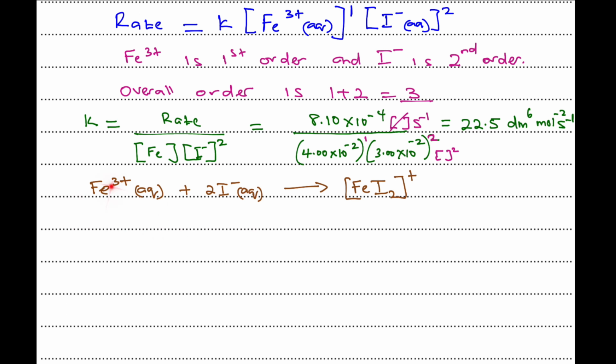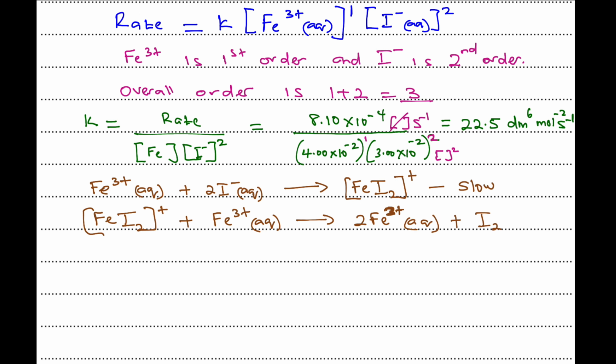The overall charge has to be plus, so that's why this is plus. It has to balance out on both sides of the equation. And if we carry on, that's a slow step. For a fast step, we can then have the same product, FeI2 plus, plus Fe3+ aqueous, to then go to 2Fe2+ aqueous plus I2 aqueous.